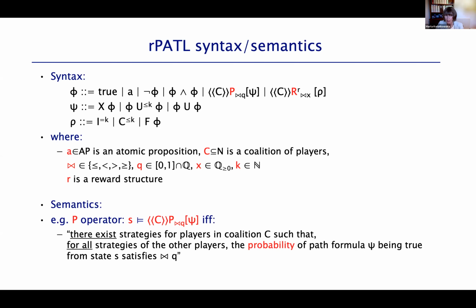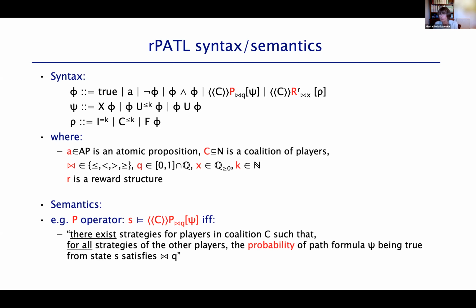And the meaning of that is that there exist strategies for players in coalition C, such that for all strategies of the other players, the probability of path formula psi being true from state S meets the probability band. So for example, could be less than 0.01.